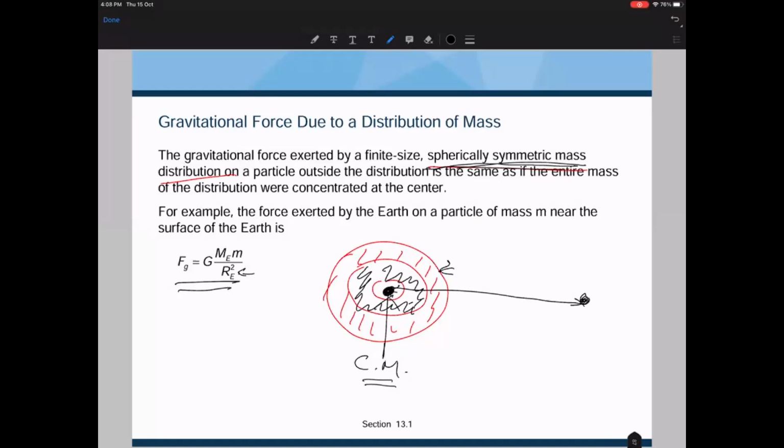So, for example, if you have a person standing on the surface of the Earth, then Newton's law of universal gravitation would be calculated by considering the mass of the Earth, the mass of the person, and the distance between the center of mass of the Earth and the person.